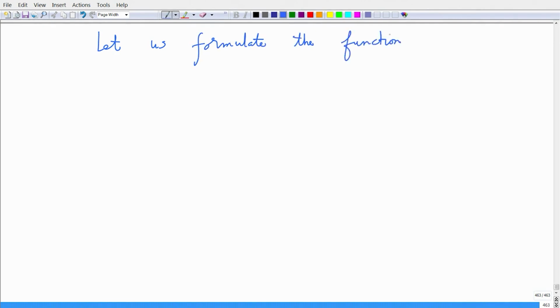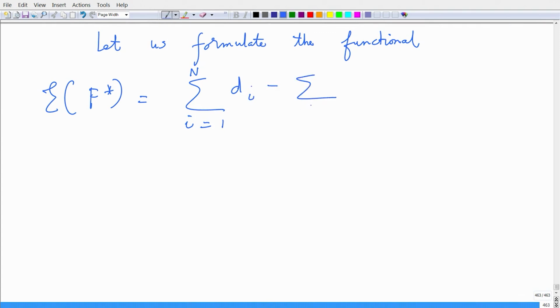So we will formulate the Tikhonov functional as follows: E of f star is the summation i equals 1 to capital N of d suffix i minus the summation. So this f, my approximation, is over m1 units.